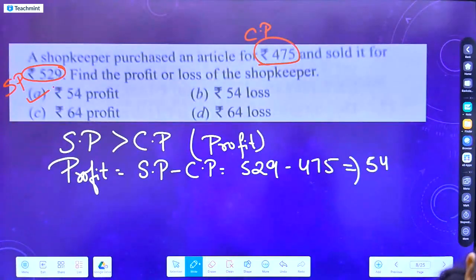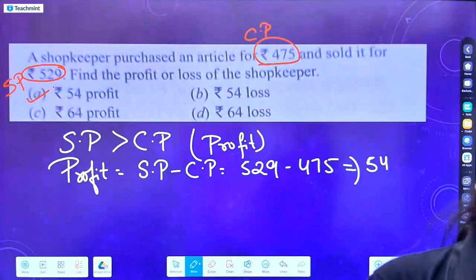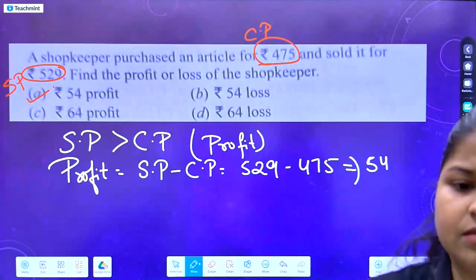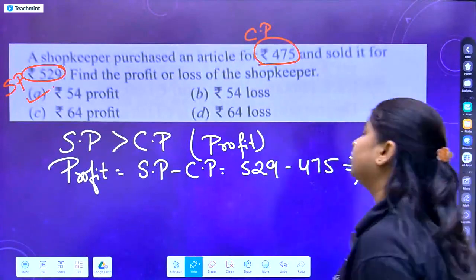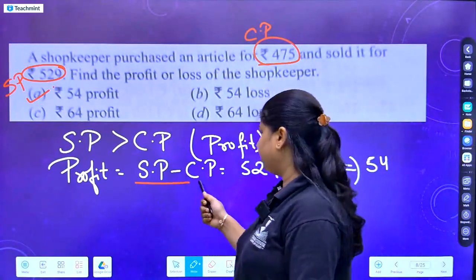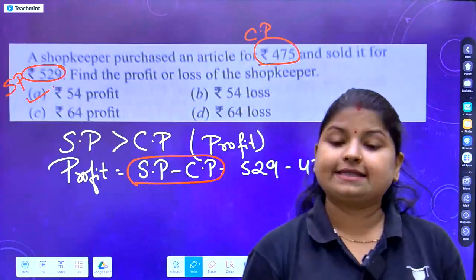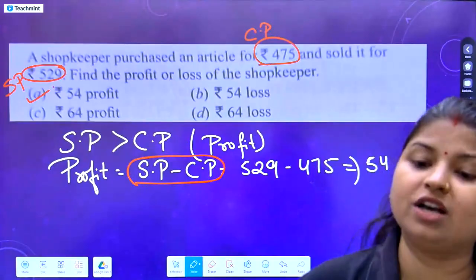Anyone, any doubts in this? If you're facing any problem, do let me know, beta. No doubts? Okay. Yes, Prisha? Ma'am, I did not understand this question. Beta, Prisha, you just have to use the formula. The formula for profit is selling price minus cost price.